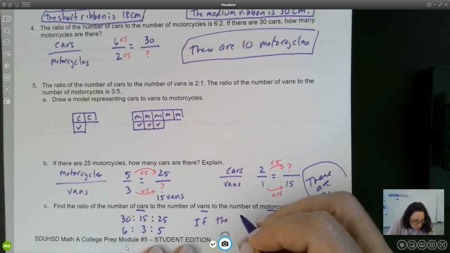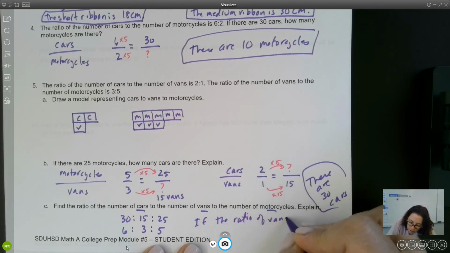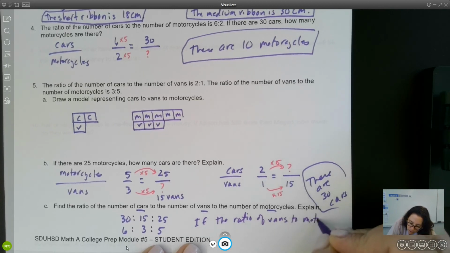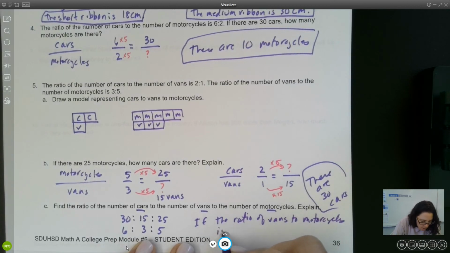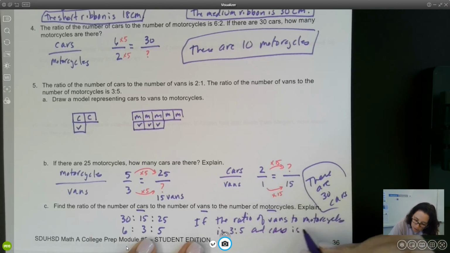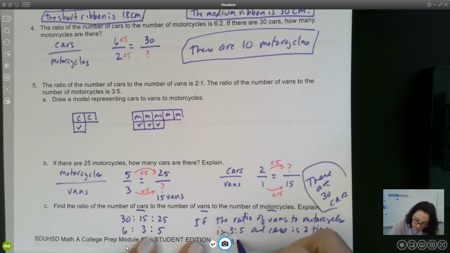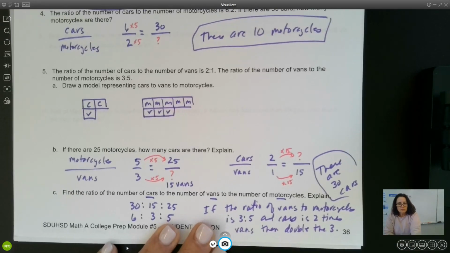If the ratio of vans to motorcycles is 3 to 5 and cars is 2 times vans, then double the 3.